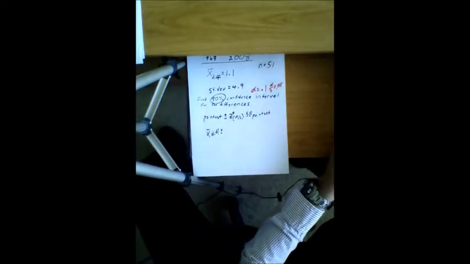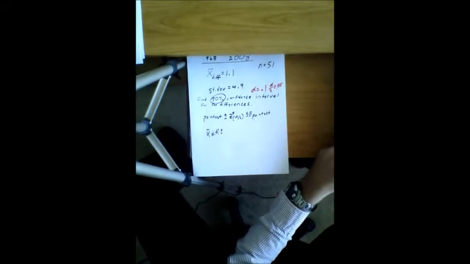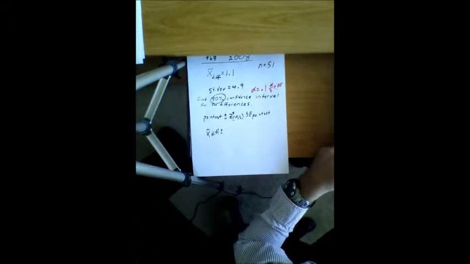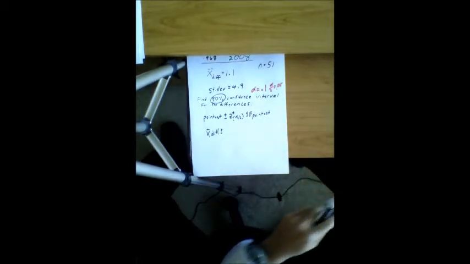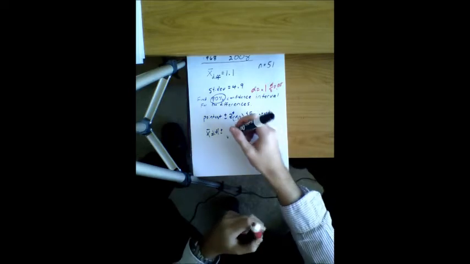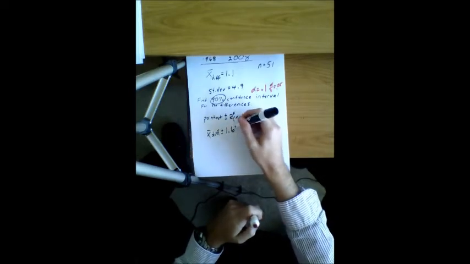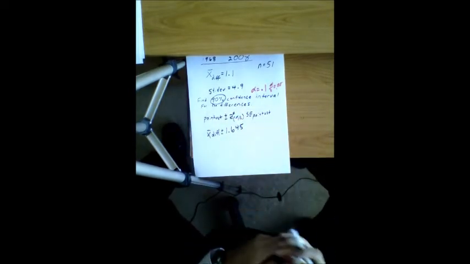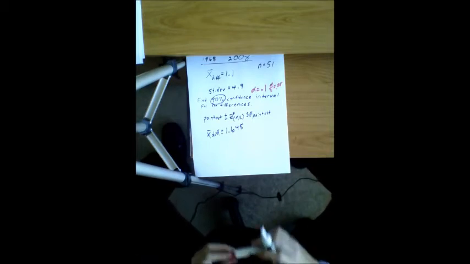And so once you use your table to look this value up, we find 0.05 is going to give us 1.645. Of course, you can choose to round this up.